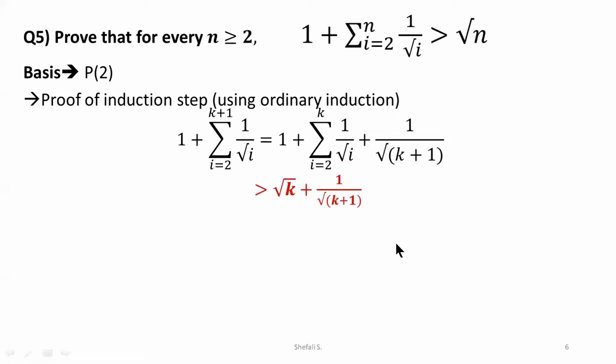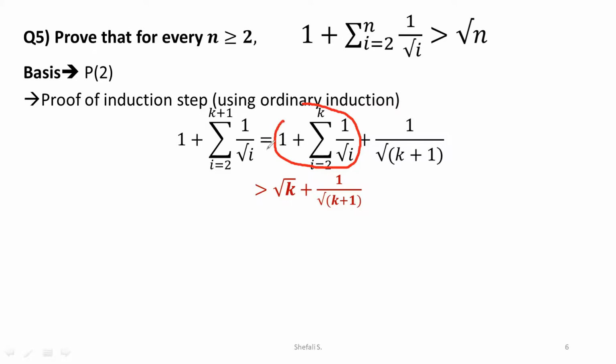The same idea applies: whatever expansion we carried out earlier, we said 1 plus the series ranging from 2 to k. When we want to use this series, we can say that this particular series is greater than root k, because this is already declared here. And then we have to add 1 upon root k plus 1.